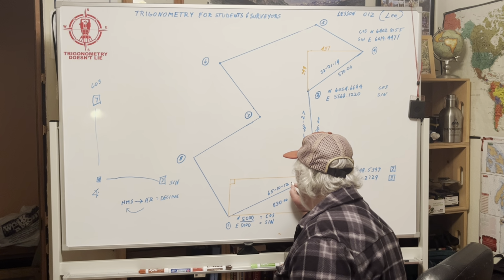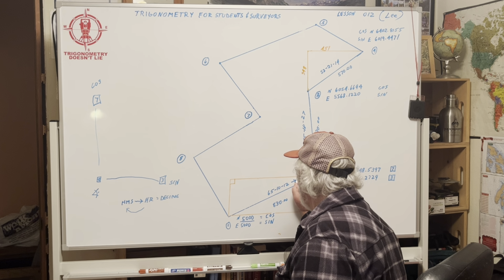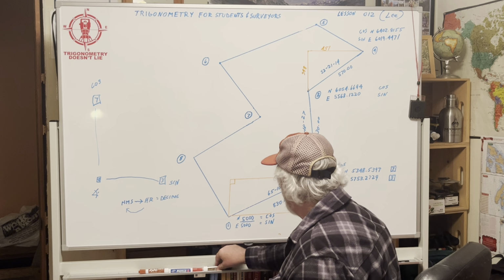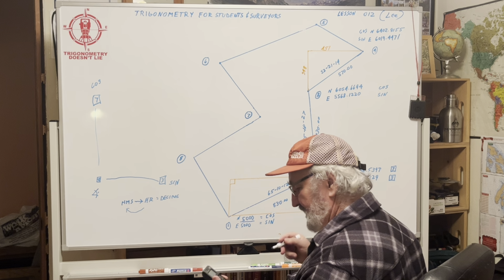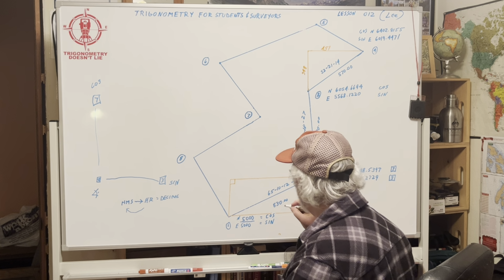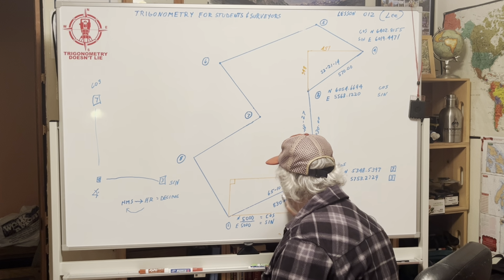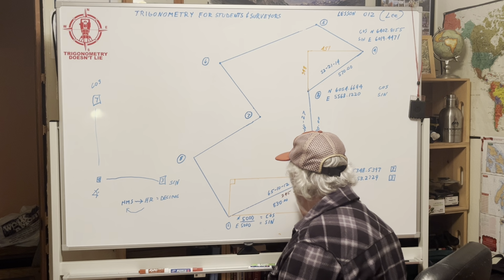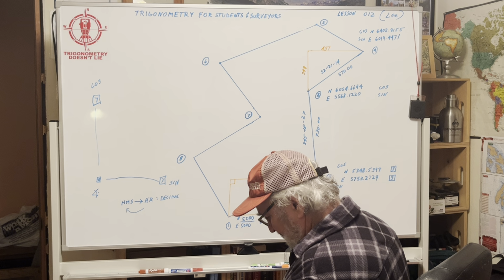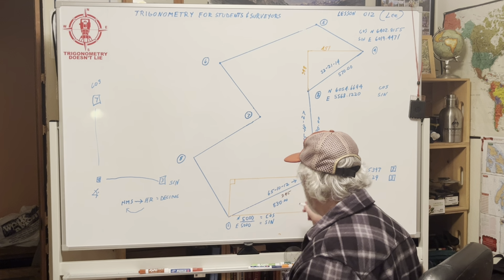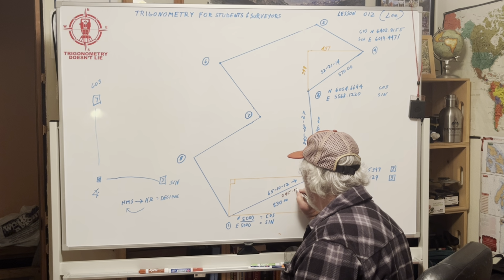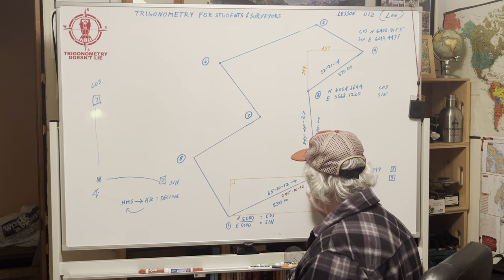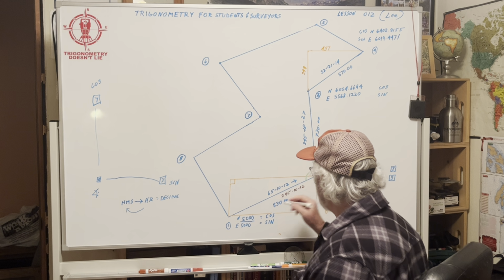Let me write that in here. This is going this way. Let me write the back bearings in a different color. We'll write those in brown. 245.17. It's actually, let me convert it, 245, 10, 12, of course. That's your back bearing.